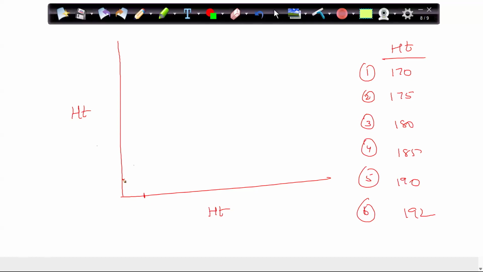This is my first learner, 170 centimeter, 170 centimeter. The point is here. Second learner, 175, 175. The point is here. Third learner, 180, 180. The point is here. Fourth learner, 185, 185. The point is here. Fifth learner, 190, 190. The point is here. Sixth learner, 192, 192. The point is here. Can I say that I am getting a straight line?